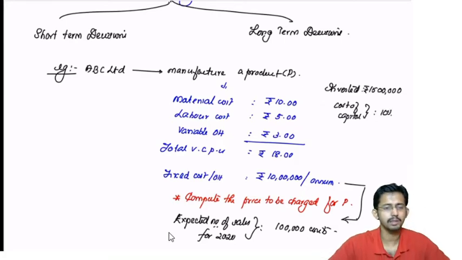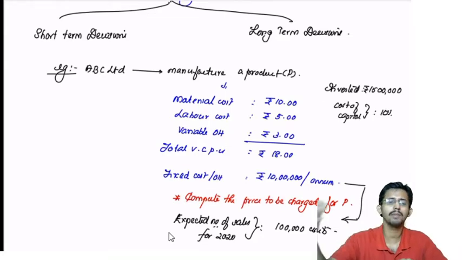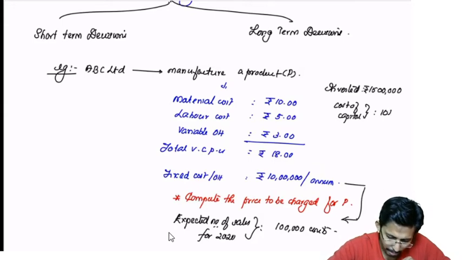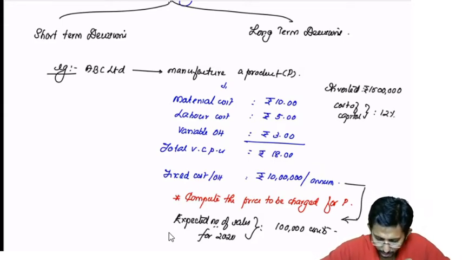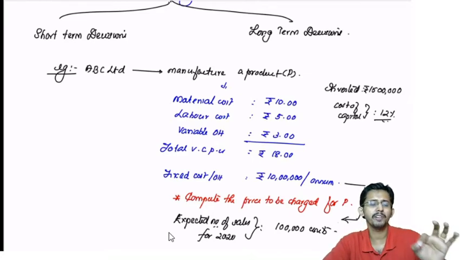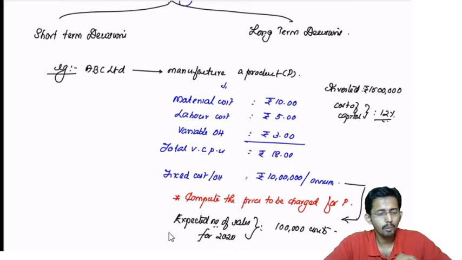You have borrowed this fund, so it has got a cost, or if you had invested this amount somewhere, you would have got a return of 10%. Let me make it to be 12%, reasonable. That is the cost of capital. This is the information what you are having. So if you are asked to fix the price for this particular product, what will you do?